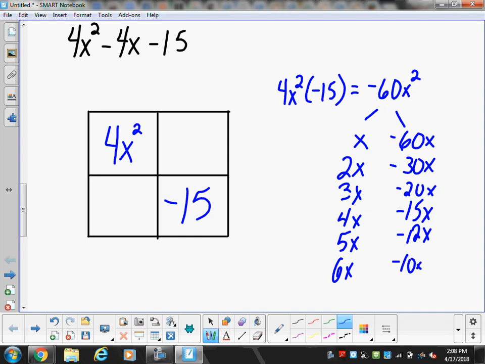And those two work because you add those together, you get negative 4x. Okay, so these are the two that I want to put in my other boxes. The 6x and the negative 10x.